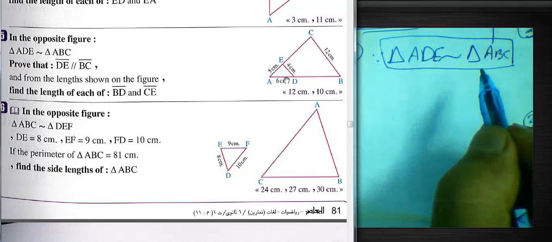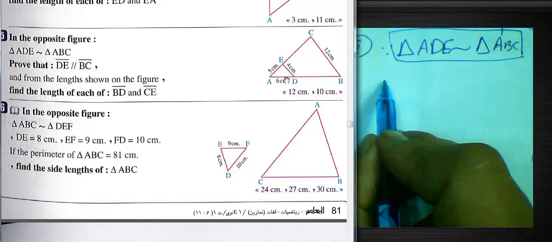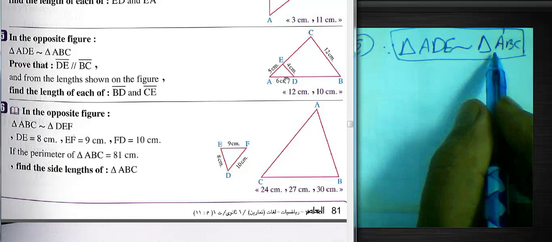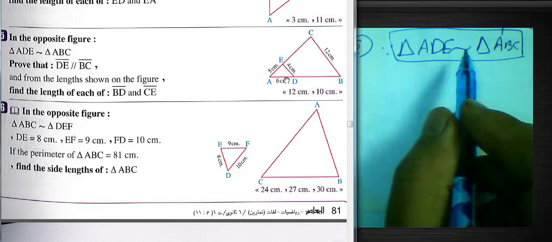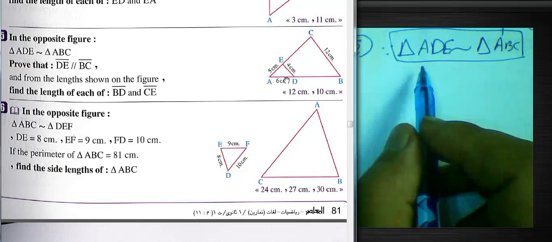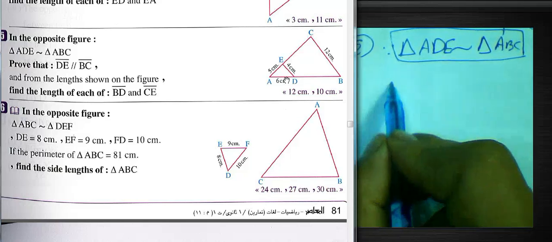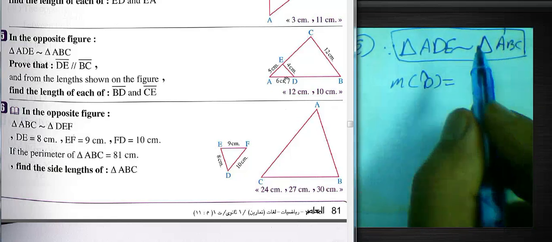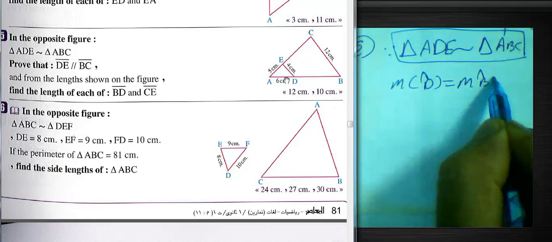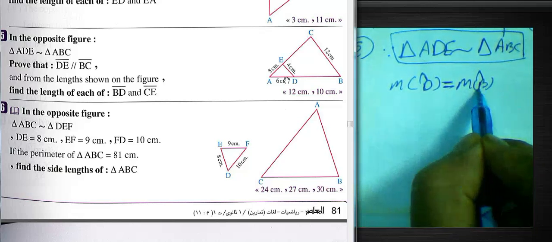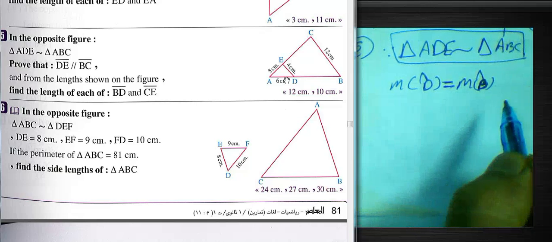Then we can find the measure of angle A. We have a common angle here. So the measure of angle D equals the corresponding angle, the measure of angle B. So the measure of angle D equals the measure of angle B. It's easy for you.